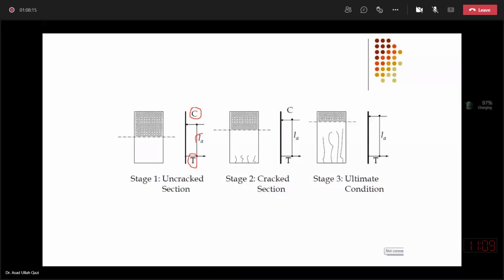Once cracking will start, movement of the neutral axis will start, and lever arm will get bigger, as well as increase in magnitude of the forces. More strain in the steel, so more stress. So if it has not touched yielding, we can have more stress magnitude. If yielding occurred, then obviously T will become constant, because in USD we use As fy.